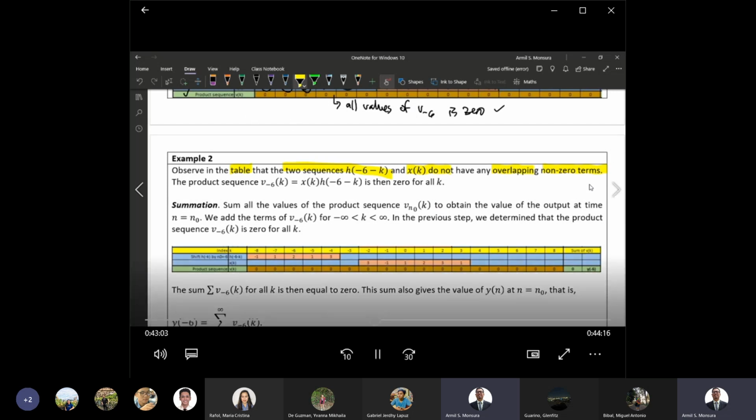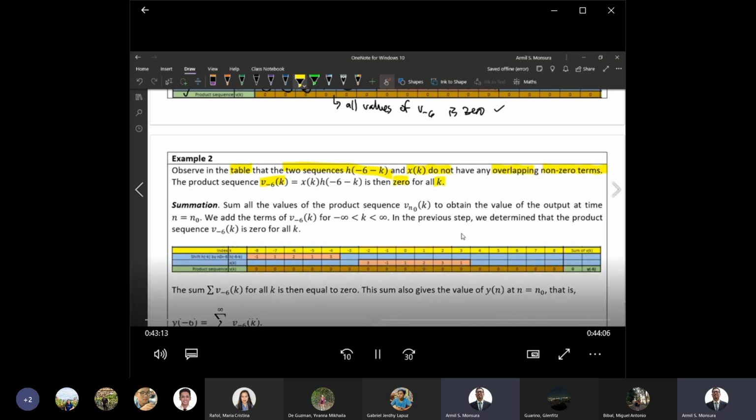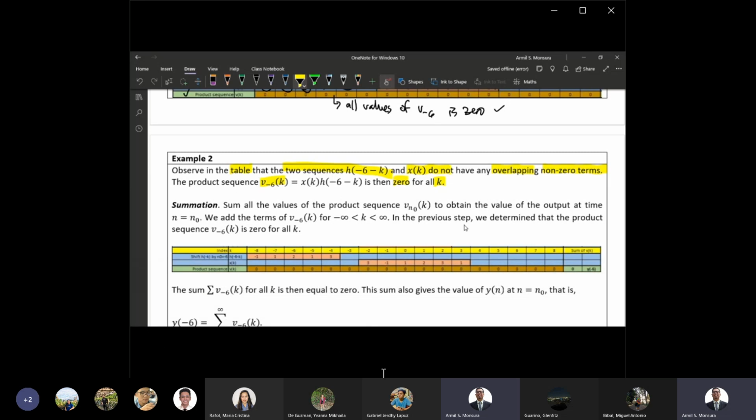Overlapping non-zero terms. Okay? So therefore, kapag wala silang overlapping non-zero terms, that means the product sequence is 0 for all values of k. So lahat ng values of the product sequence would then be 0.